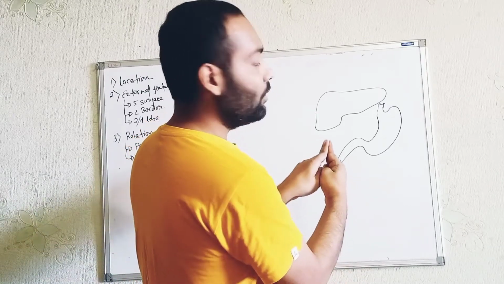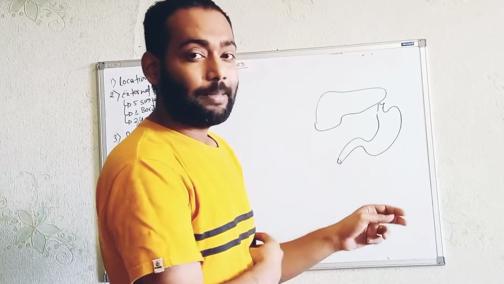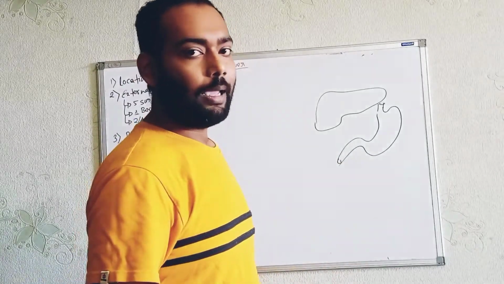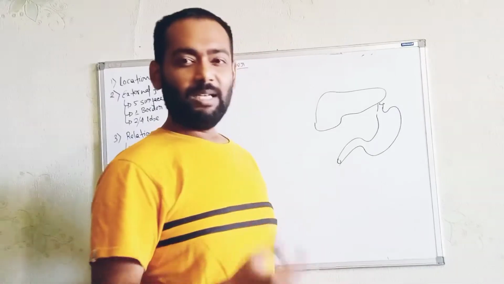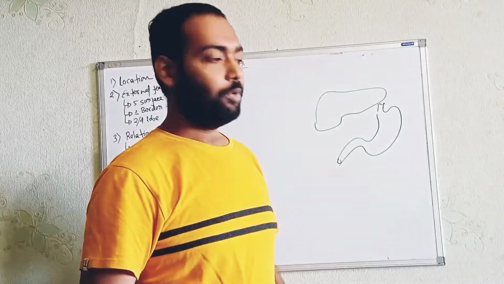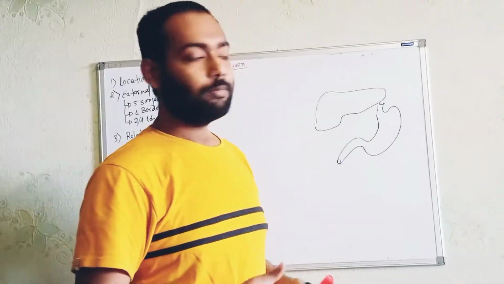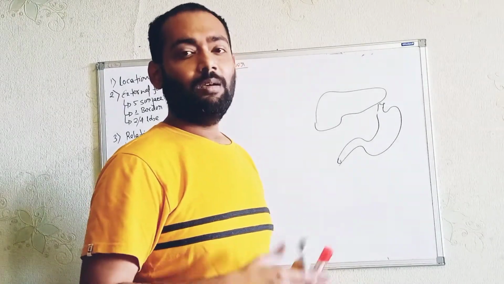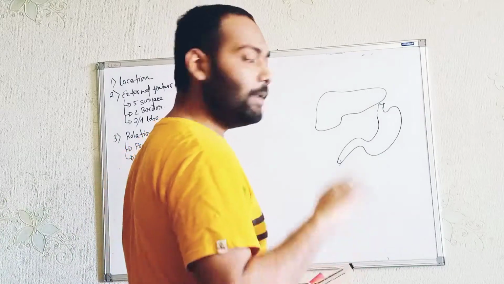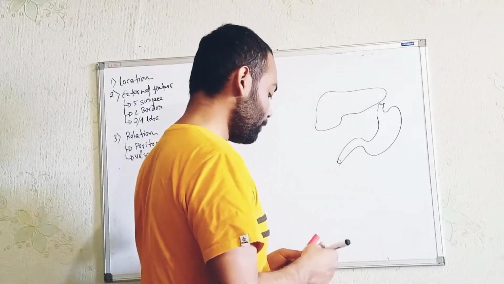So when these two layers fuse, this is also known as something, but this is not a ligament, this is called omentum. Again, there are many terminologies in peritoneum, like omentum, ligaments, mesentery, mesocolon. We'll go there, don't worry.